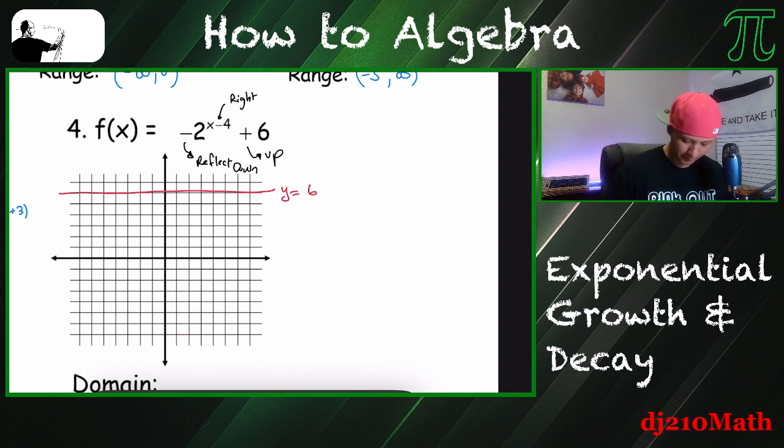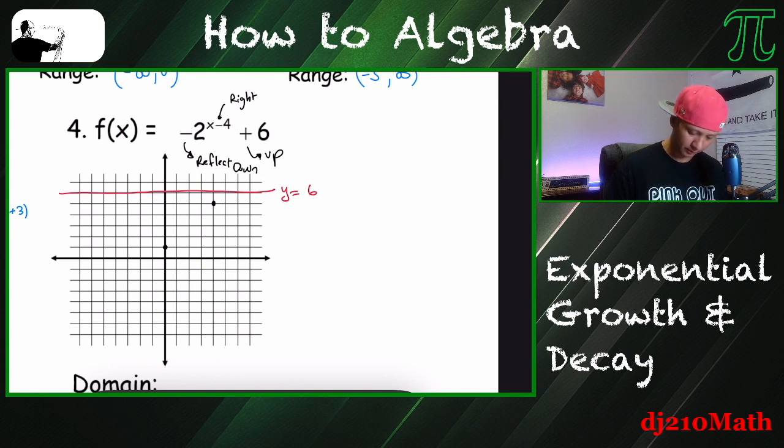So let's look at our key points. I know 0, 1 is one of them. It's going to go up 6, and then right 4. So 1, 2, 3, 4, 5, 6. 1, 2, 3, 4. And then it's going to reflect across. All right.